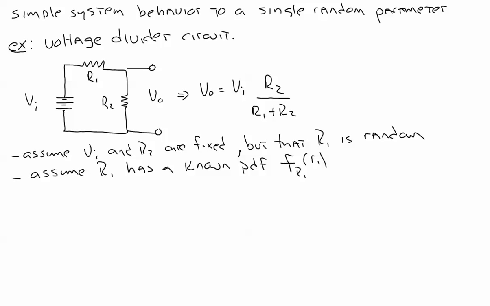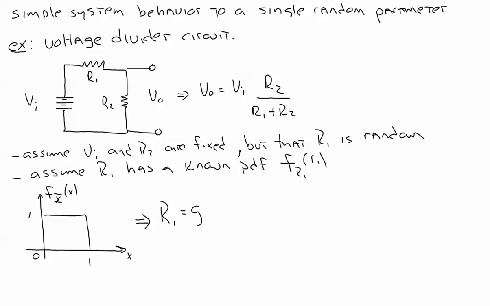All right. So what we're going to do is start with a random variable that's uniform on 0 to 1. From that, we're going to calculate a bunch of resistor values using my transformation of random variables knowledge.